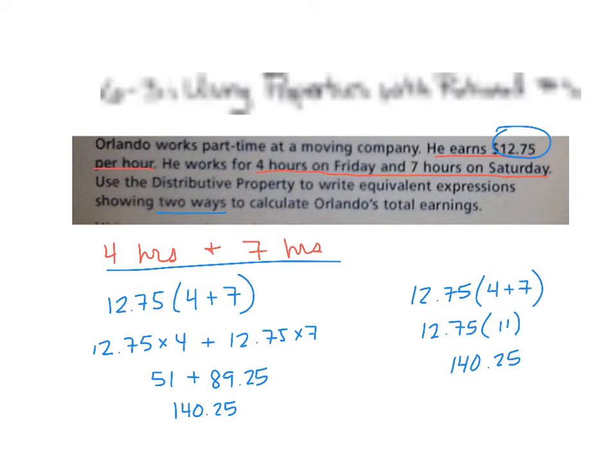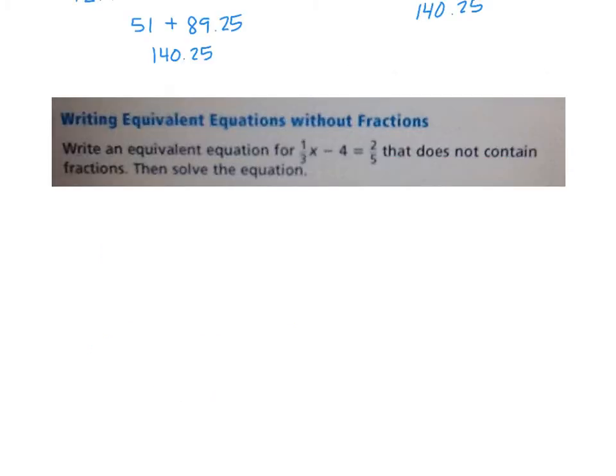The next one. I feel like in this lesson they took you from 0 to 90 in about 2 seconds. So this one is writing an equivalent equation for 1/3 x minus 4 equals 2/5 that does not contain fractions, and then solve the equation. So, first step.